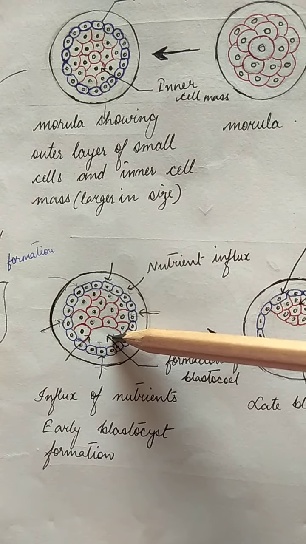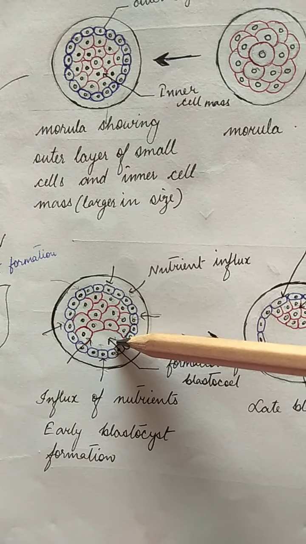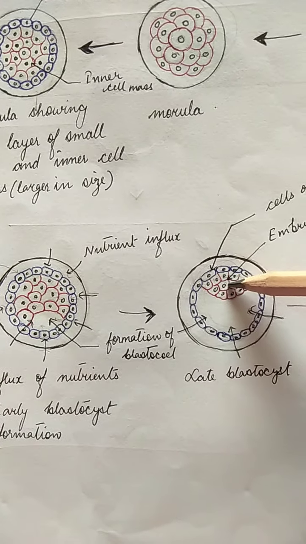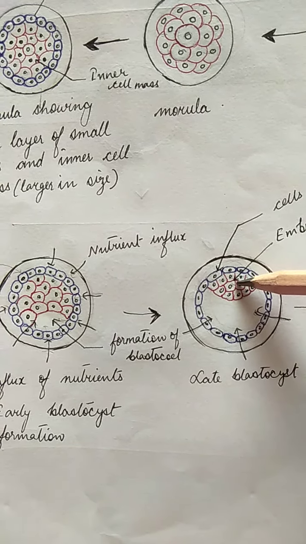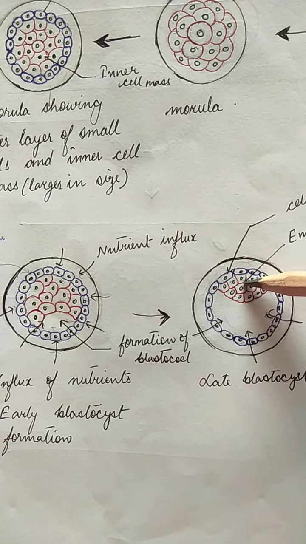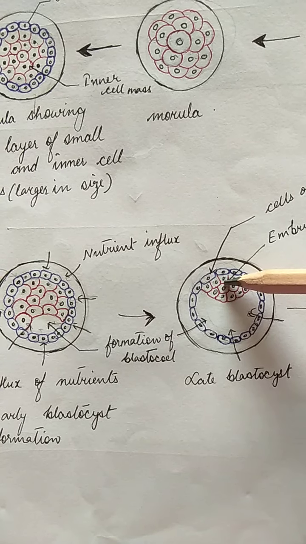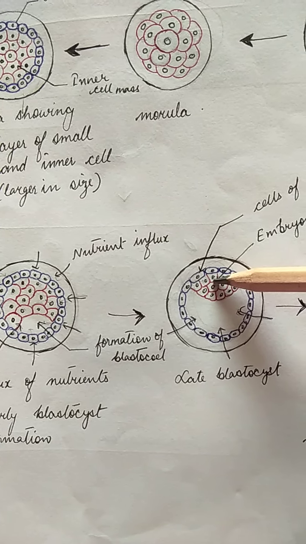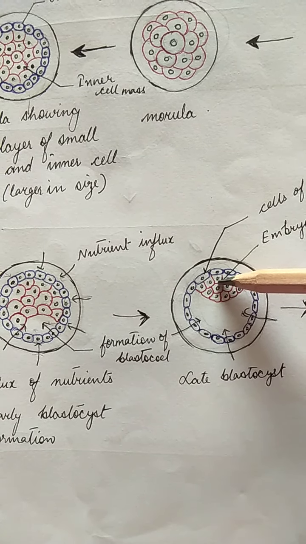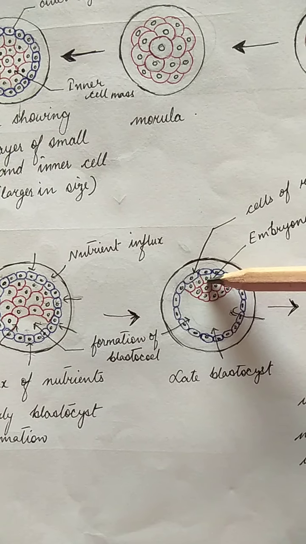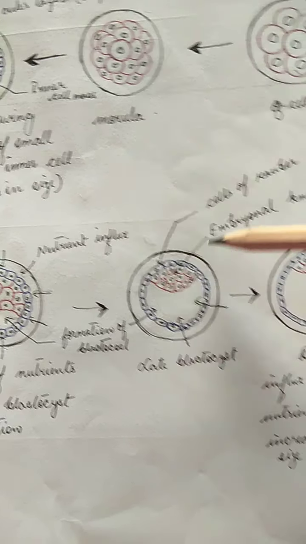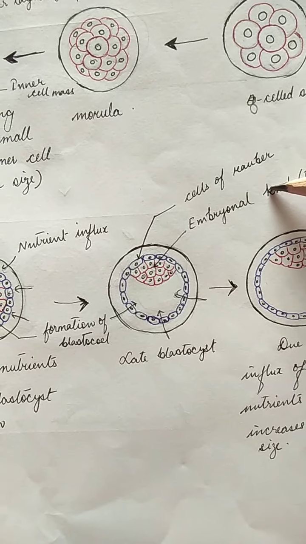As a result, the inner cell mass gets separated from the trophoblast except at the animal pole. The inner cell mass looks like a small knob. This knob gives rise to the embryo and hence is known as embryonal knob.